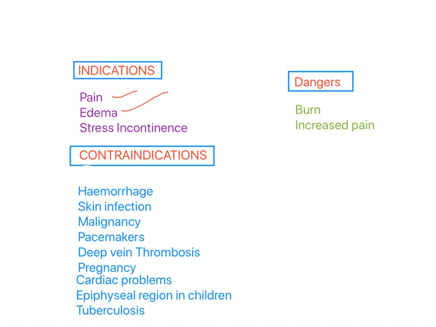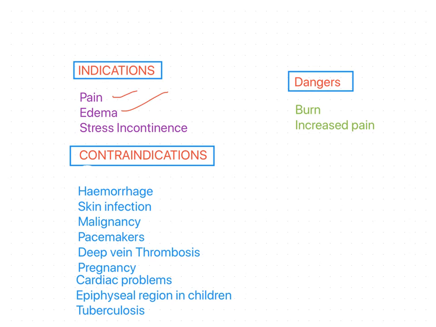Contraindications are the same as for any low frequency treatment. Okay, so what are the contraindications? Now we'll see. One is the hemorrhage, skin infection, malignancy, pacemakers, deep vein thrombosis, pregnancy, cardiac problems, and epiphyseal region in children, and also TB.